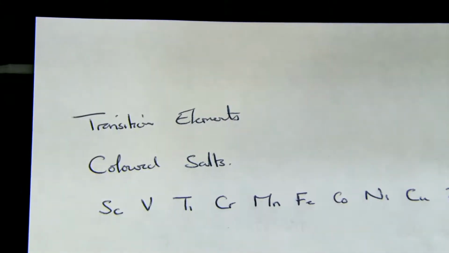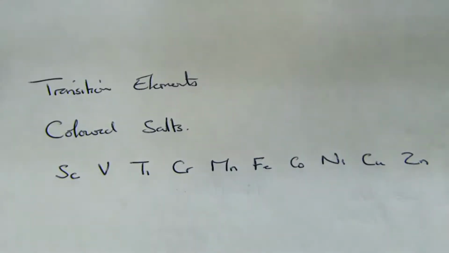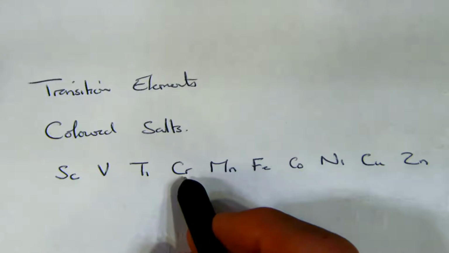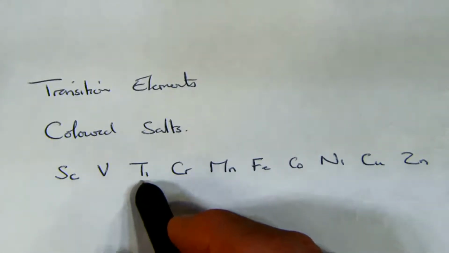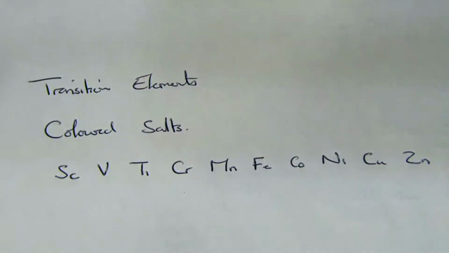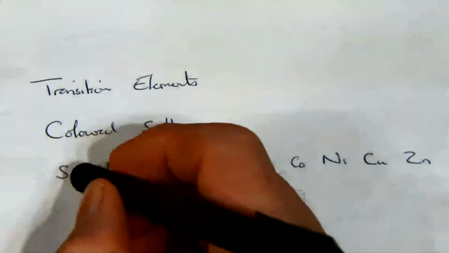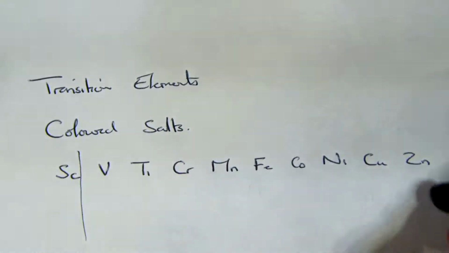We've looked at some of these. I don't have all of them. I do have some chromium compounds which I didn't get out. Titanium, I've only got some titanium oxide, which I didn't show you because that's white. Scandium compounds are white.